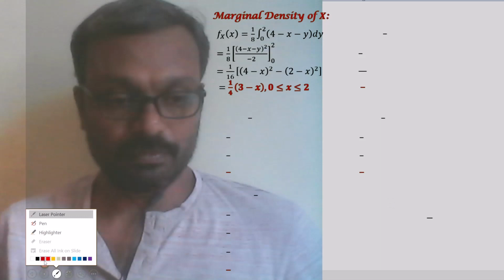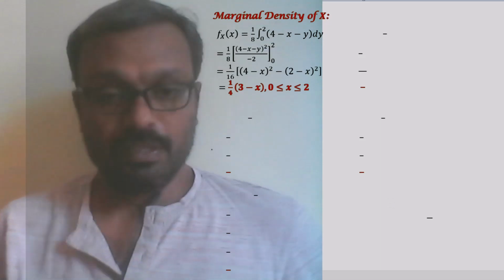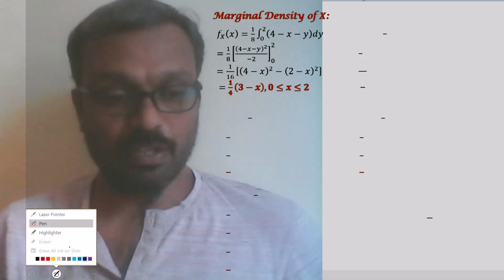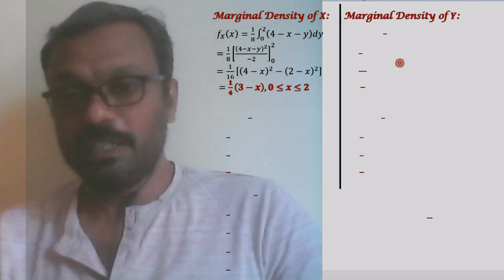Similarly, let us compute the marginal density of y. Again we have to integrate the joint density with respect to x. Taking horizontal limits, again the limit is 0 to 2. So we get the marginal density of y to be 1 by 4 into 3 minus y between the limits 0 to 2.